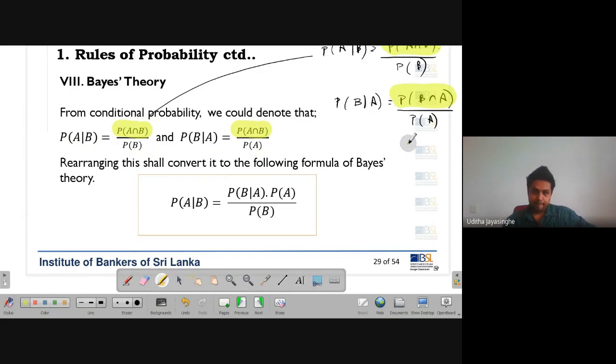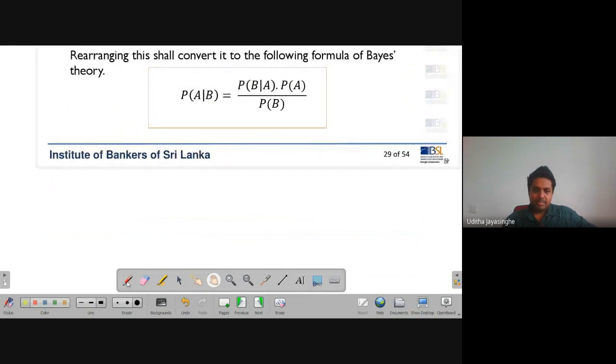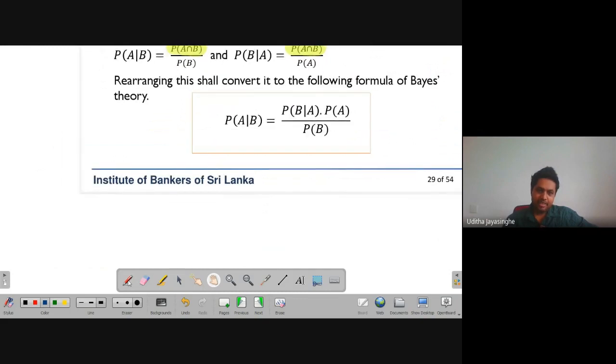A intersection B. Now, mathematicians, whenever they see something common, they would like to play around with the equations. Then, probability of A intersection B, if I just use this top equation, can be taken as probability of A given B, and I'm going to take this probability B that you can see here in the denominator to this side, multiplied by probability B. I'm done with that.